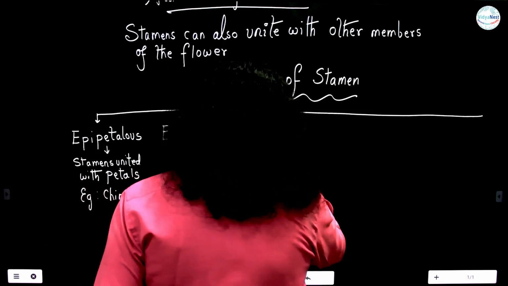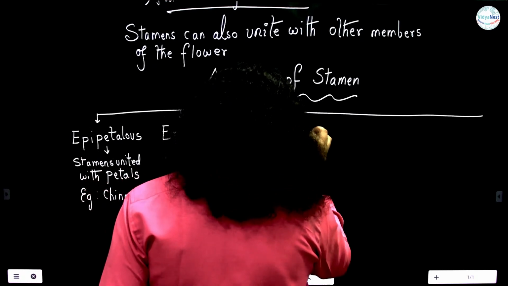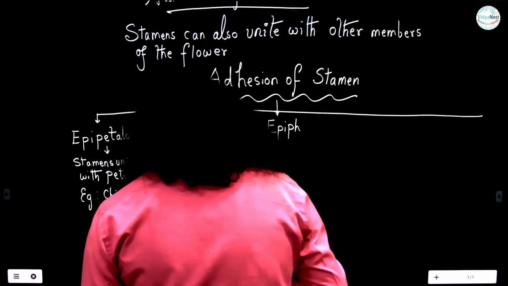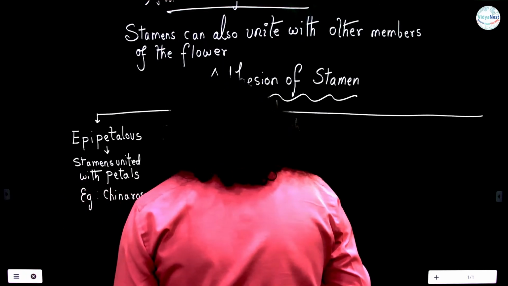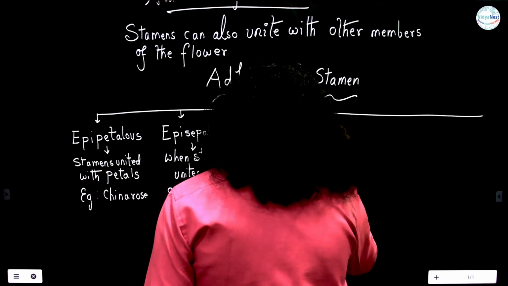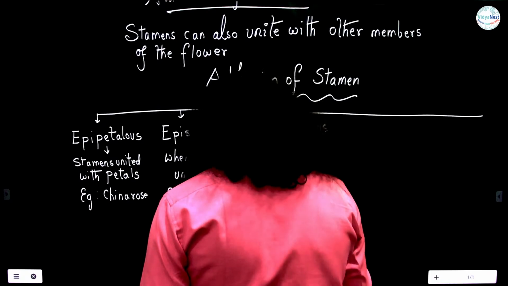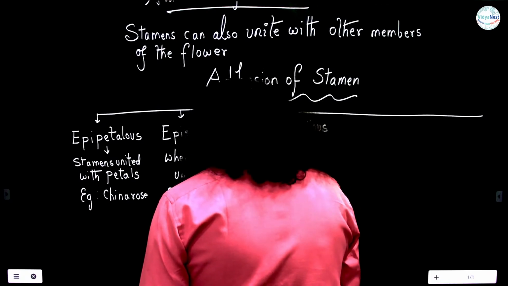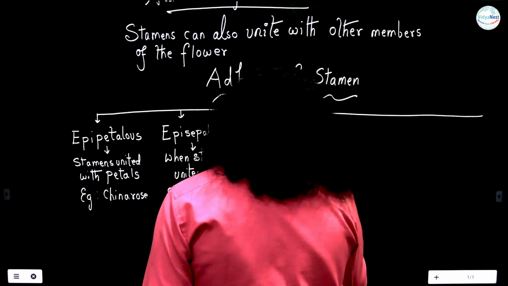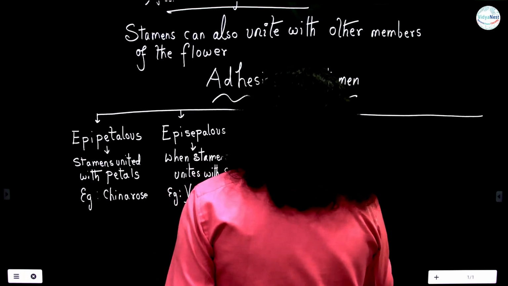Another example is epiphyllous. That means another condition is epiphyllous, where stamens are united with perianth or tepals.